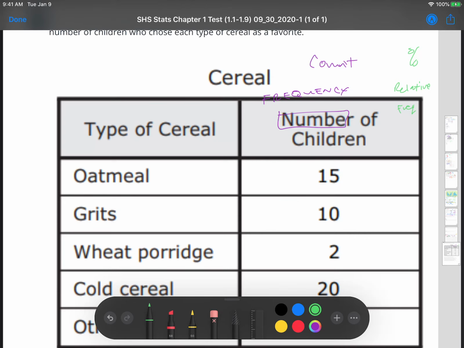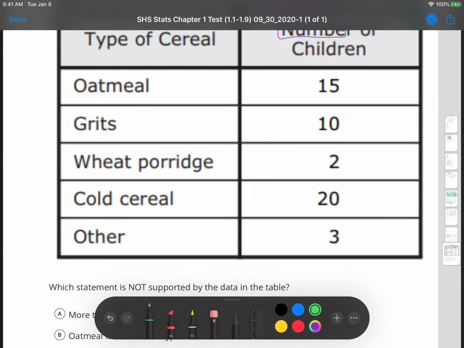So if I calculate 15 plus 10 plus 2 plus 20 plus 3, this gives me a total of 50. So you can get a fraction 15 over the total, and you can just use your calculator, or if you have some number sense, you recognize you just multiply this by 2 and you will get 30 over 100, which is essentially 30%.